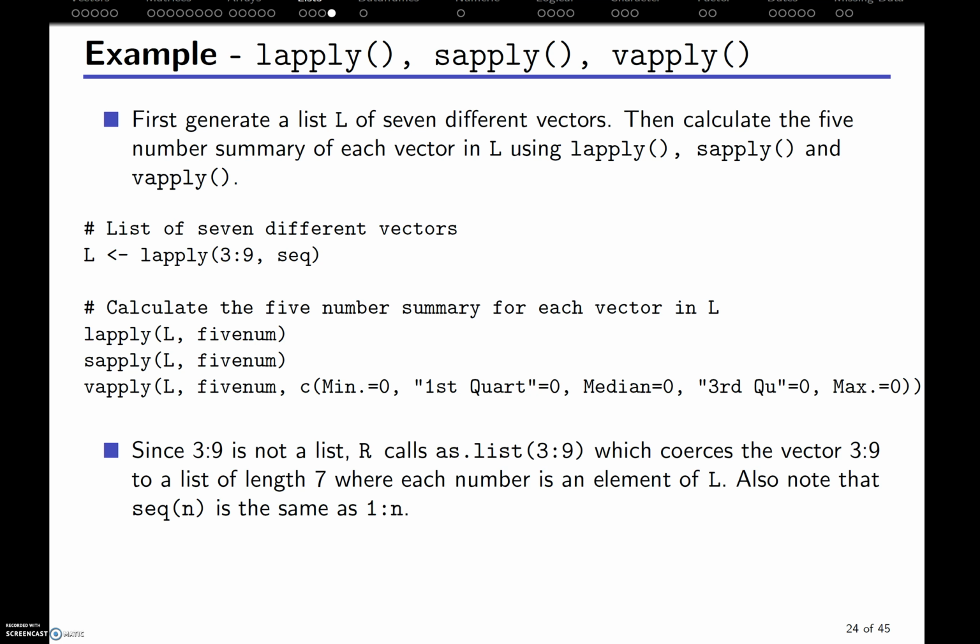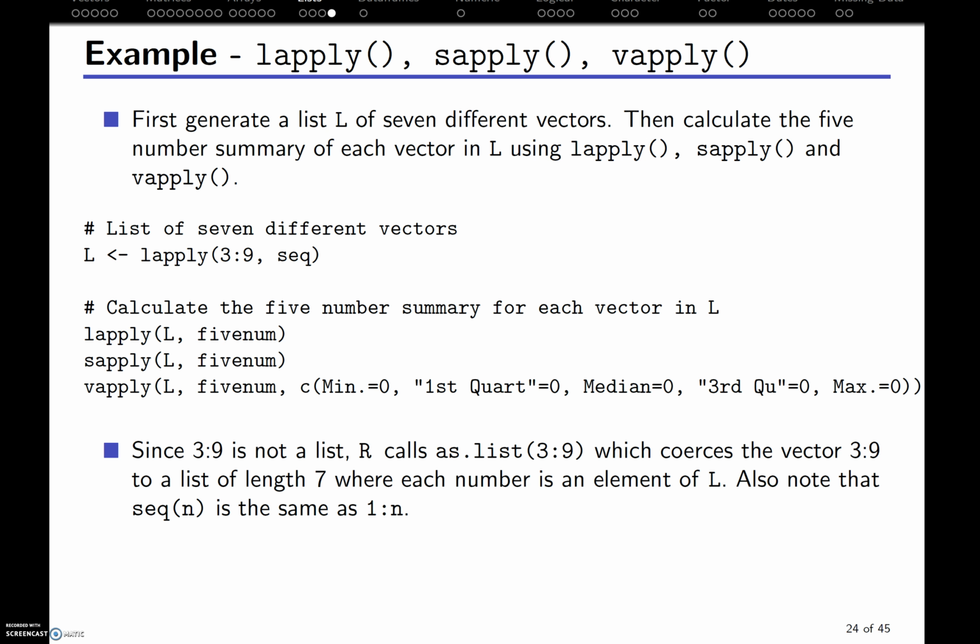Now note, nothing in this call to lapply is actually a list. 3 through 9 is a vector. seq is a function. So since 3 through 9 is not a list, it's going to convert it over to a list.